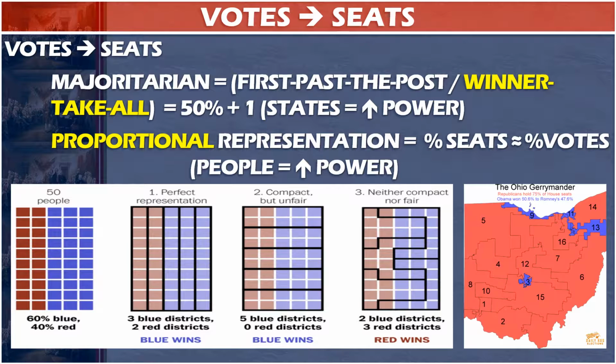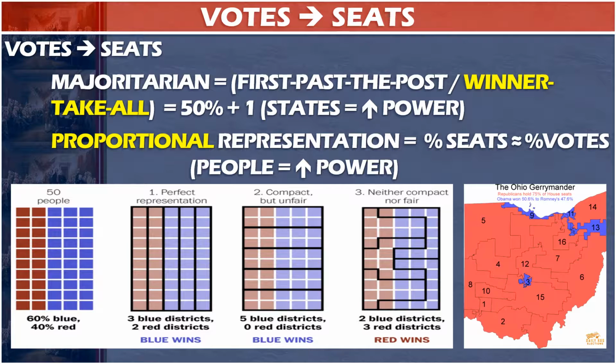The other problem with majoritarian and geographically based districts, sometimes called single-member districts, is the possibility of gerrymandering. And we can see this in the diagram at the bottom of this slide. So let's imagine a system where there's 50 people, 60% support the blue party and 40% support the red party, which means the representatives that come out of this should be roughly a 60-40 blue-red split.